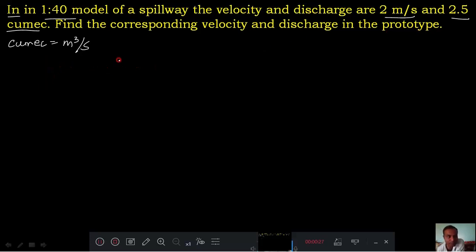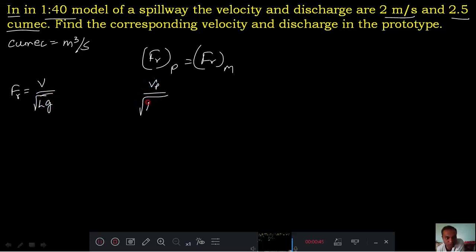Okay. Now, in Froude's number, you should know that Froude's number for the prototype must be equal to Froude's number for the model. Froude's number in general is V divided by root LG. Therefore, Vp divided by root Lp Gp is equal to Vm divided by square root of Lm Gm.